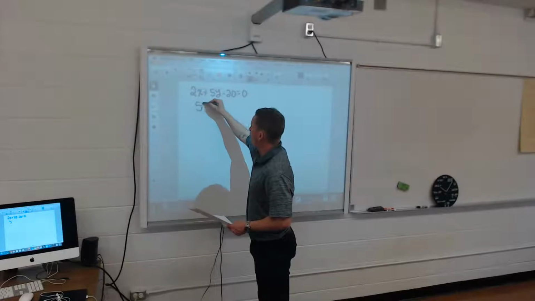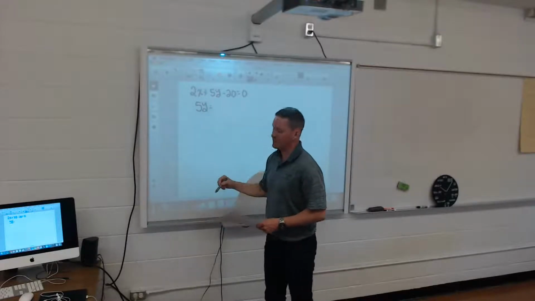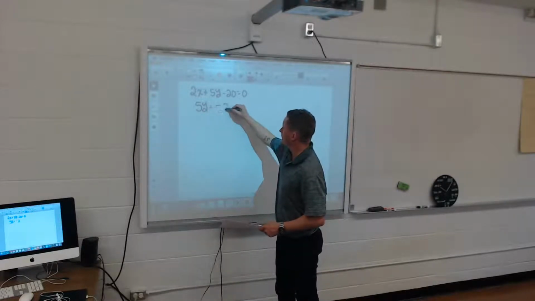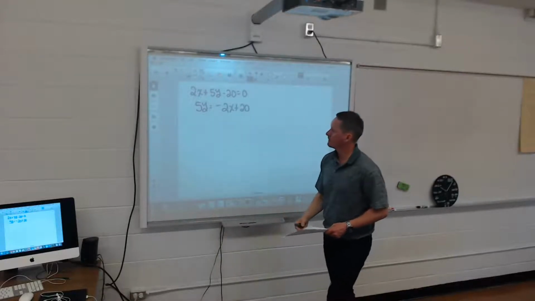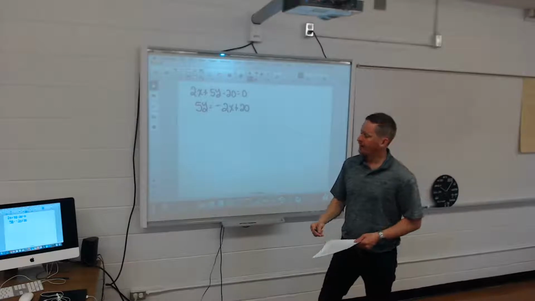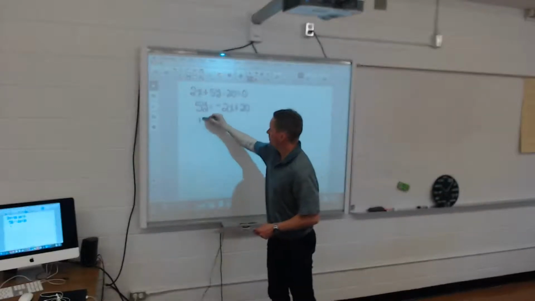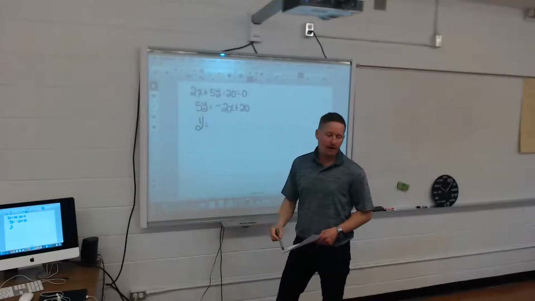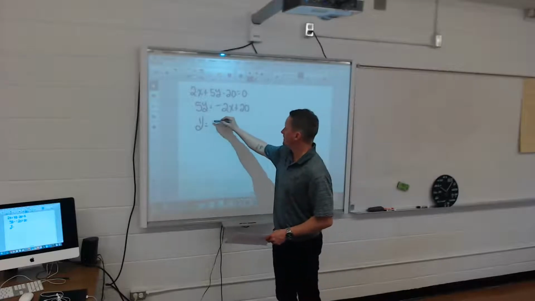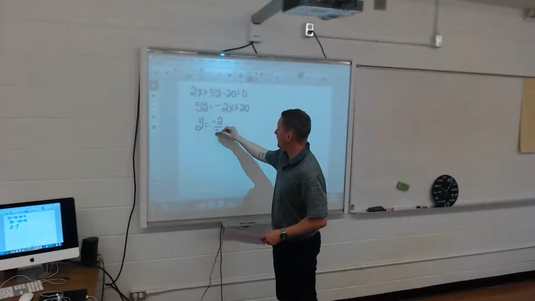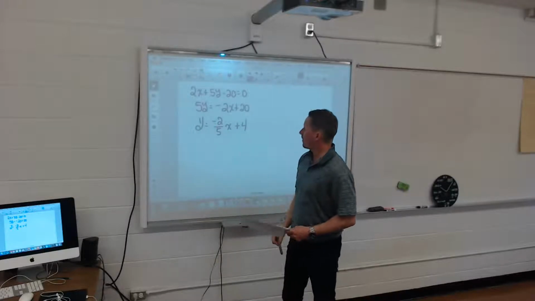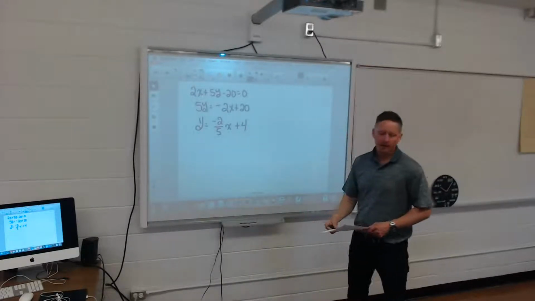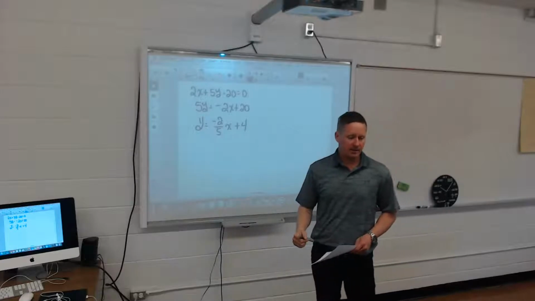So I get 5y equals, I'm going to subtract 2x, and I'm going to add 20. Okay? Now I'm going to take that 5 and divide it to the other side. So I have -2 over 5, x, add 4.